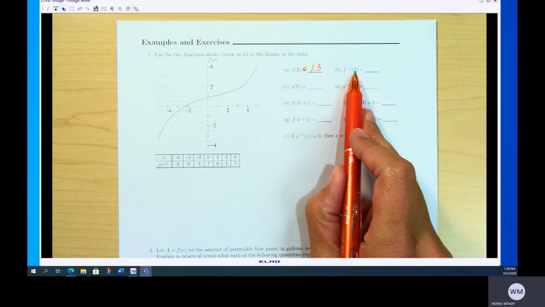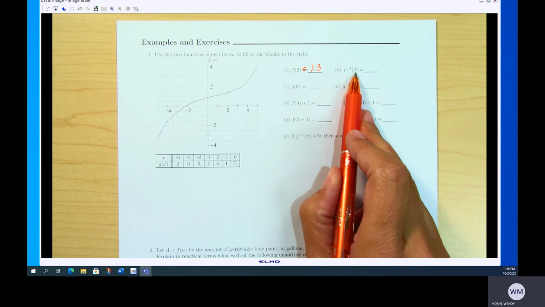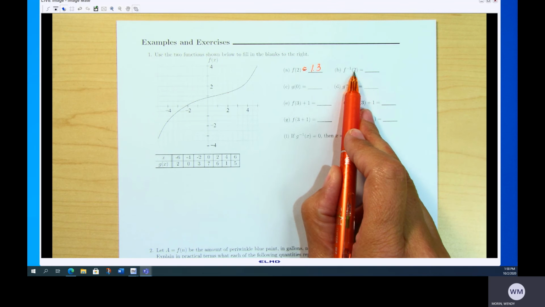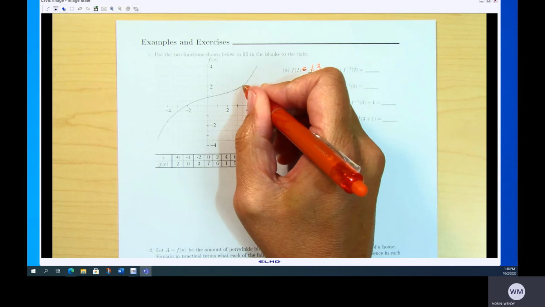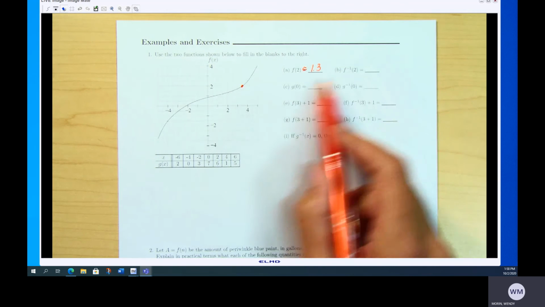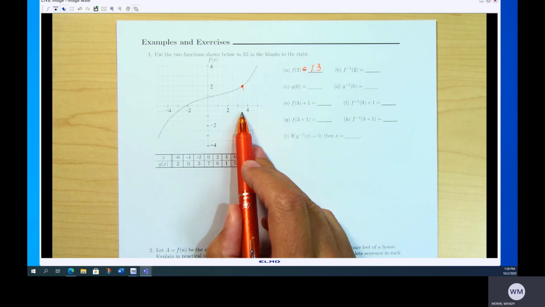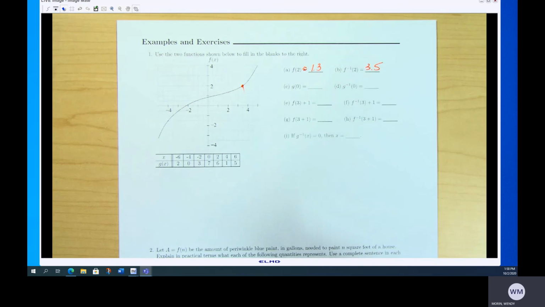Is this 2 our input, like it was over here? Or is this 2 our output, if we're thinking backwards? So this 2 is our output. So we go to where y is equal to 2 on the graph, and we give the x value. So again, it's going by halves, so that's 3.5.